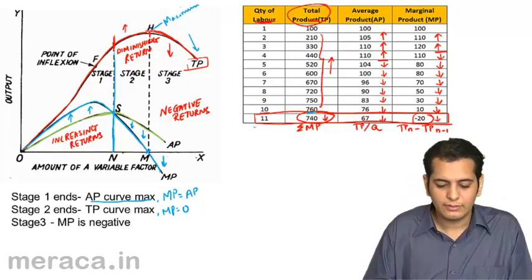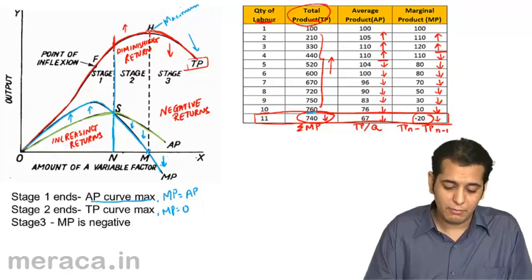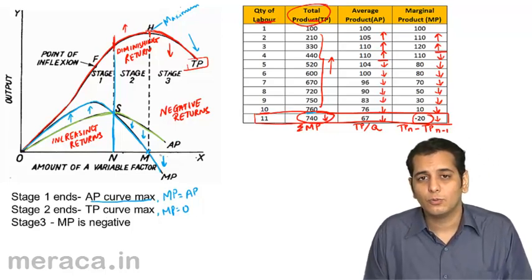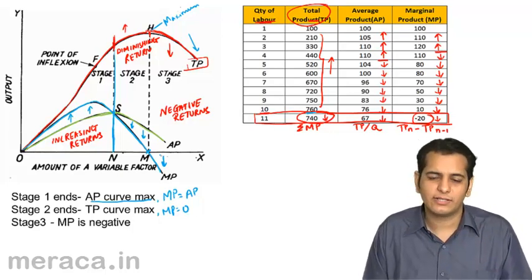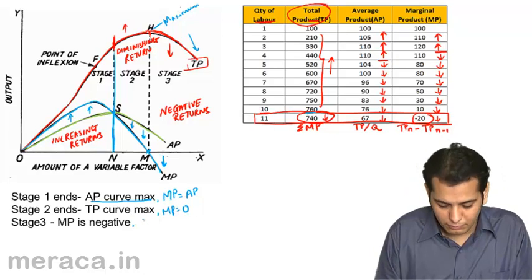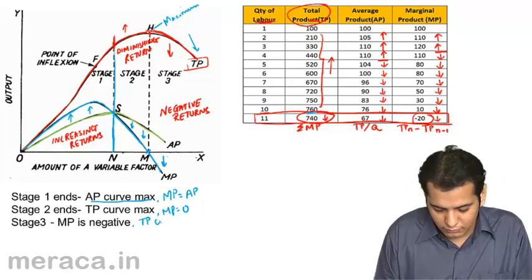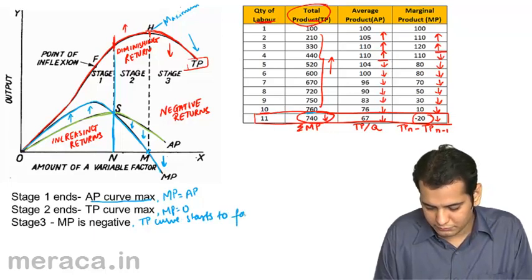And finally, the third stage starts when the marginal product curve goes negative. It goes below the x-axis, and thus the total product curve starts to fall.